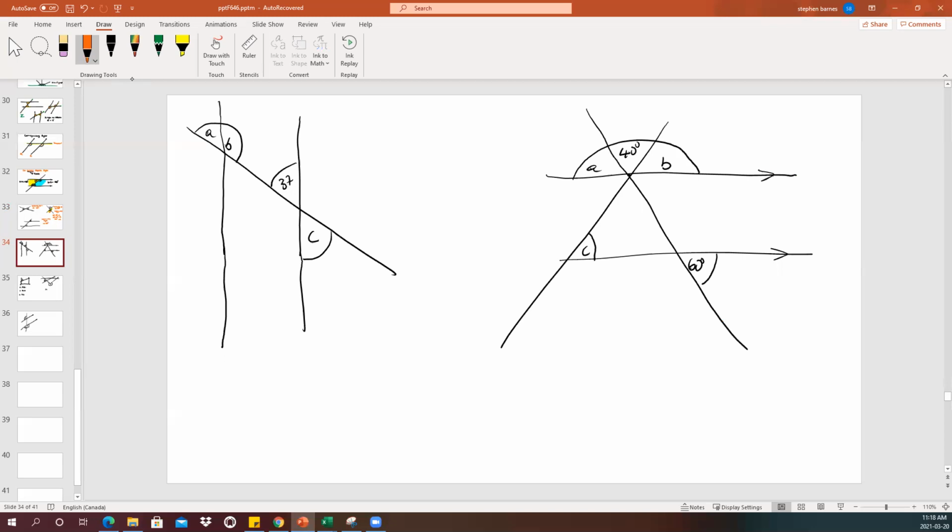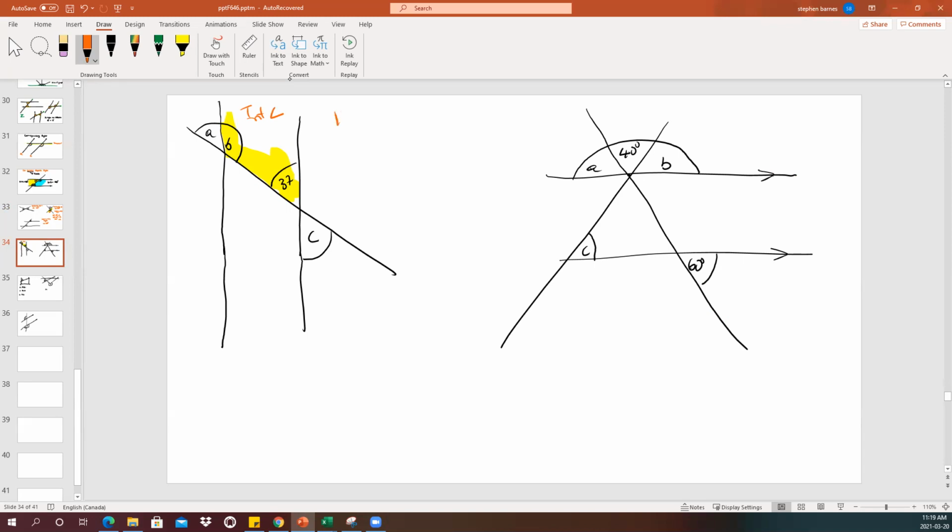So I started by saying B and this 37 degrees here are interior angles. Are you seeing that? Yes, miss. So I started off by saying B and the 37 degrees are interior angles, and the interior angles sum to 180 degrees.